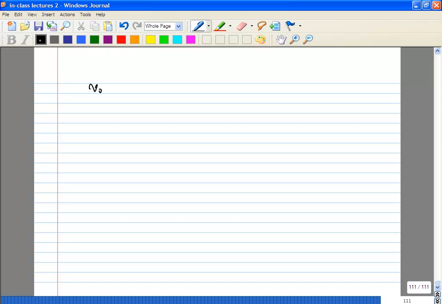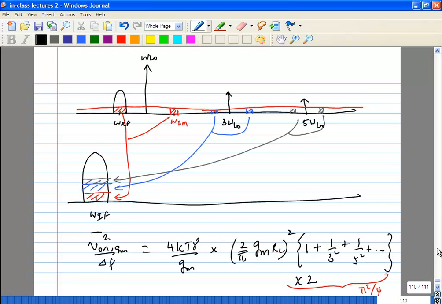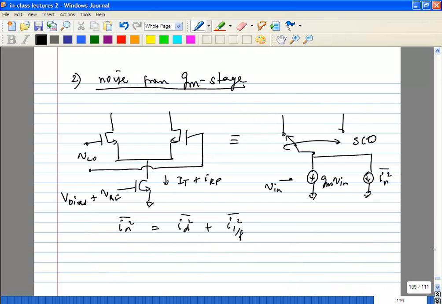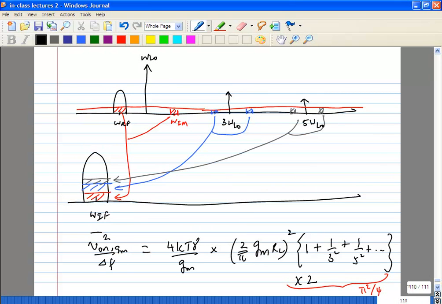So that is going to be the noise from your GM stage. We looked at thermal noise, right? Let's call this thermal noise.